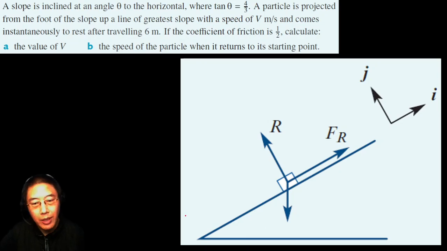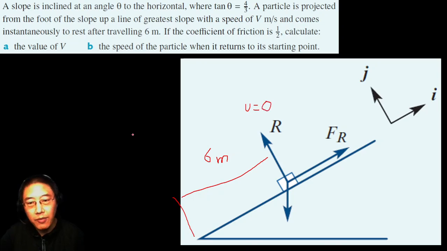So that distance now is 6 meters. Our initial velocity along the plane is 0, and v is when it comes back down to the start. That's our unknown. Okay, now notice with the diagram, we have a weight force here, mg, and the reaction force.